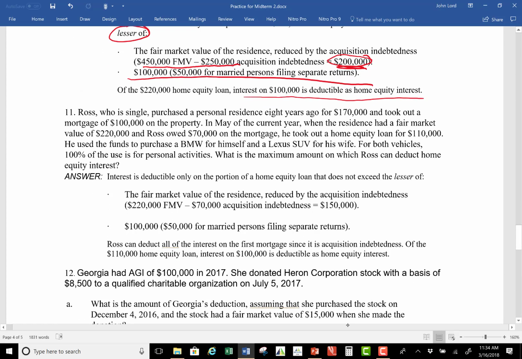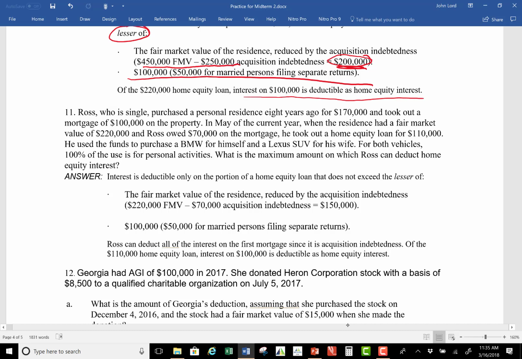Ross, who is single, purchased his residence 8 years ago. This is a weird question. You'll see why in a minute. He purchased his personal residence 8 years ago for 170,000, and took out a mortgage of 100,000 on the property.